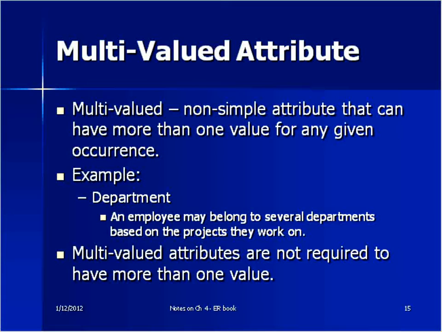The next one we have is the multi-valued attribute. Let me give you the definition of a single valued attribute. Say, for example, you have a student entity, and the student has a student number. The student is supposed to have only one student number, so that is a single valued attribute.